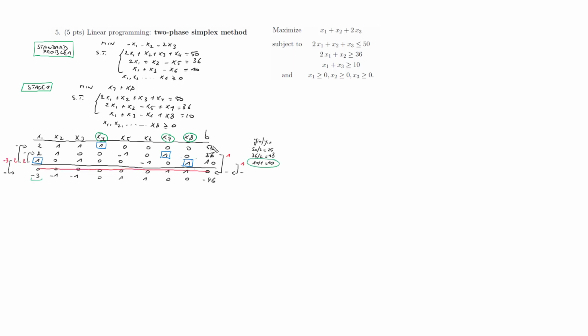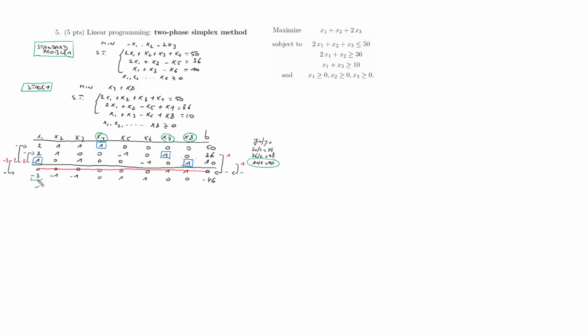So we have now performed these two elementary row operations, and here underneath we have found the following line which replaces the previous one. This is why I've crossed it out. And in this line what we obtain are the reduced costs.